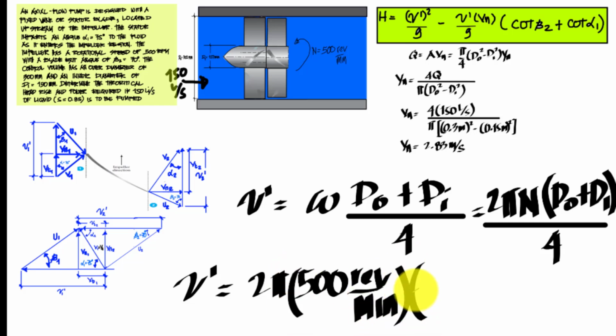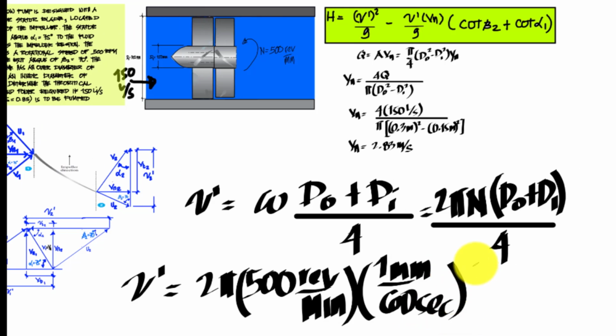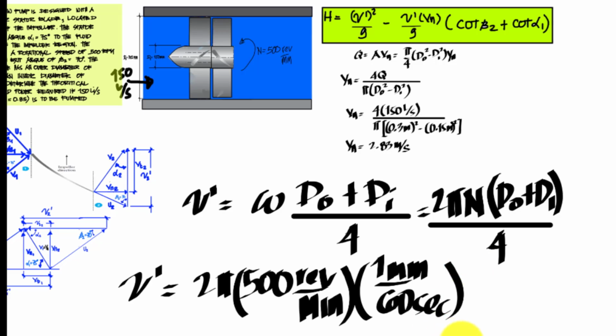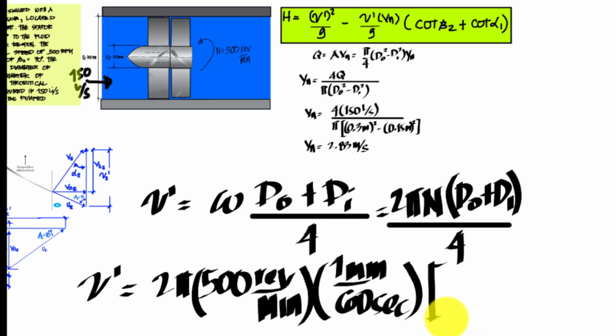And convert this one. That will be 1 minute is 60 seconds. And multiply it with the average diameter.